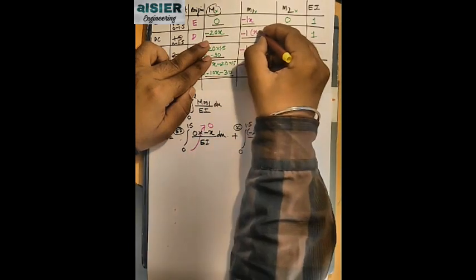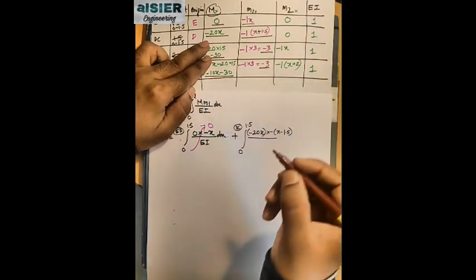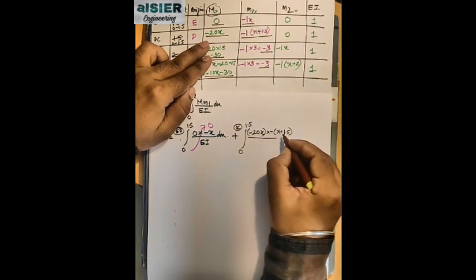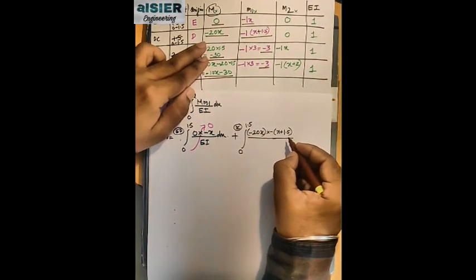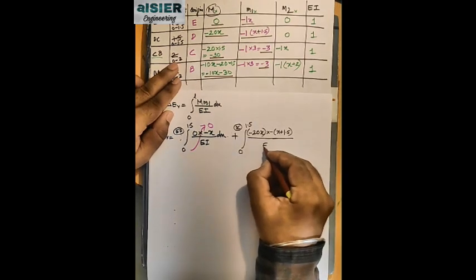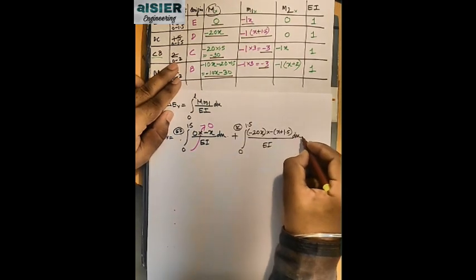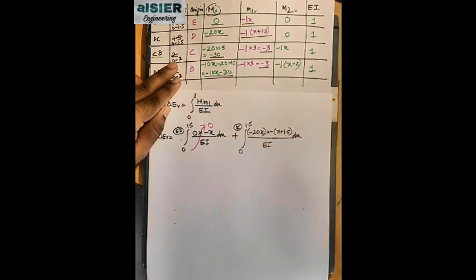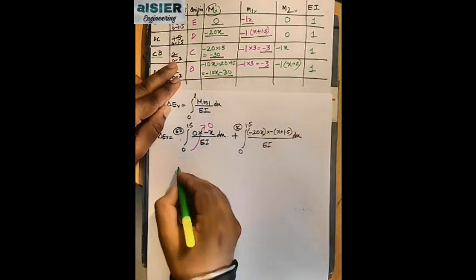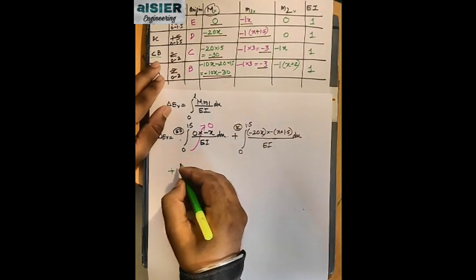Sorry, I want to correct this. This should be x plus 1.5, upon EI dx.